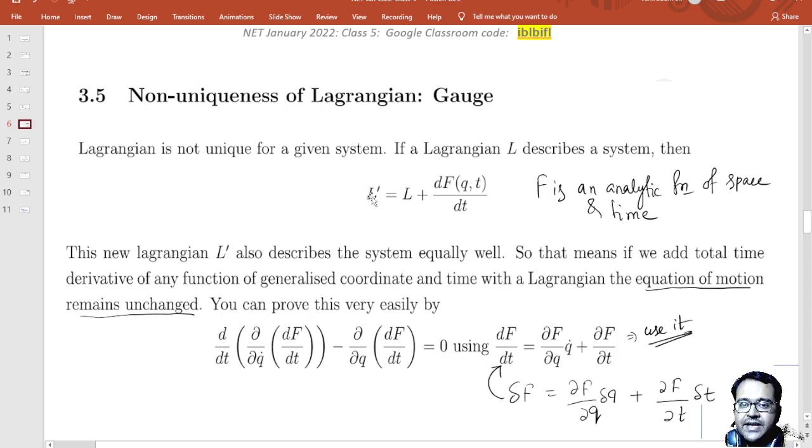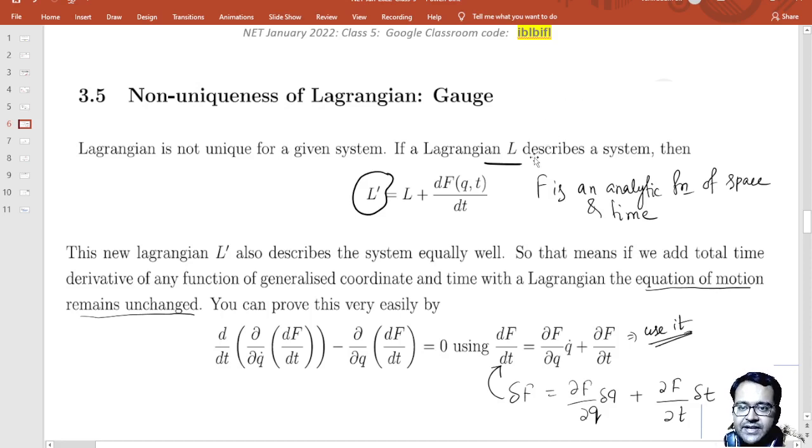If a Lagrangian L describes a system, then if we add to L a total derivative of a function of space and time, your system remains the same.